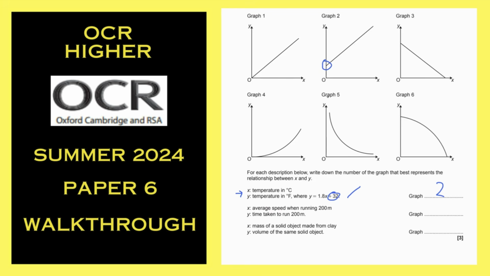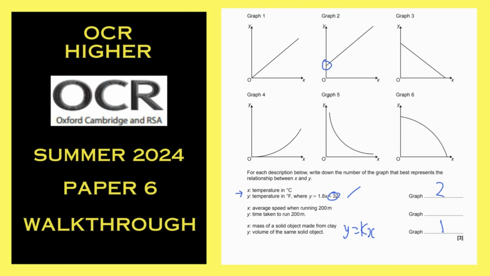Graph 1 is actually the bottom one, because if something has a zero mass, it has zero volume. At the end of the day, they are related by a multiplier, so it would be of the form y equals kx, because it's from there that you can derive your density mass volume triangle.